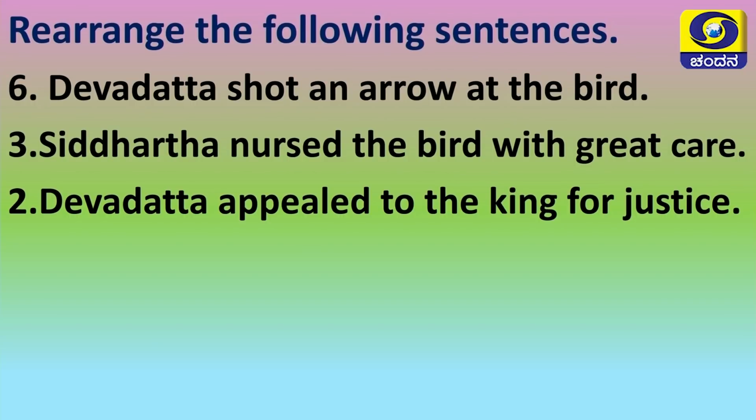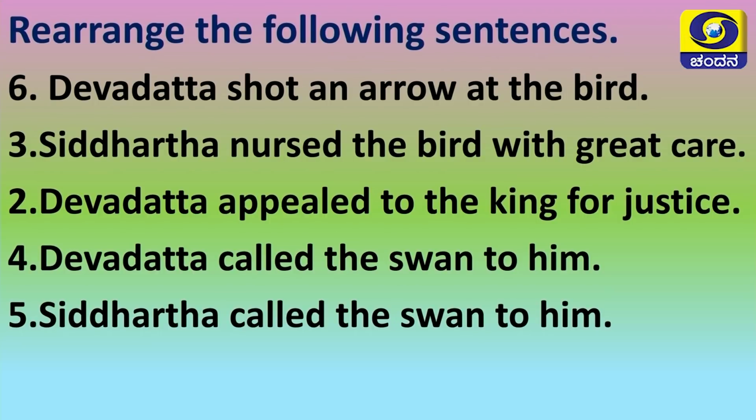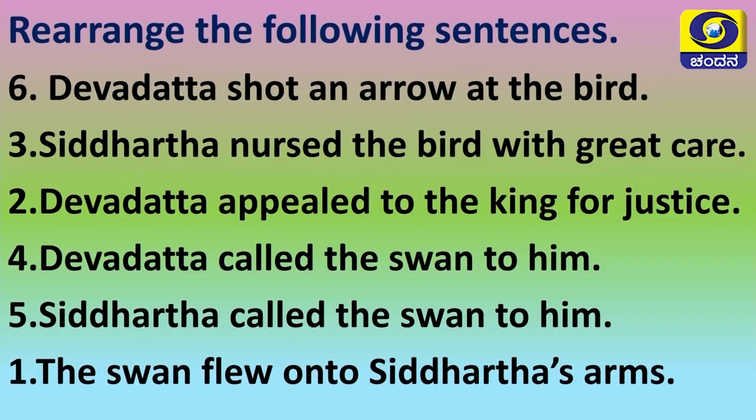So, Devadatta appealed to the king for justice. Next one, Devadatta called the swan to him. But the swan didn't go to Devadatta. At last, Siddhartha called the swan to him. What did the bird do? The swan flew onto Siddhartha's arms. This is the play. This is the order of the play. Very good.